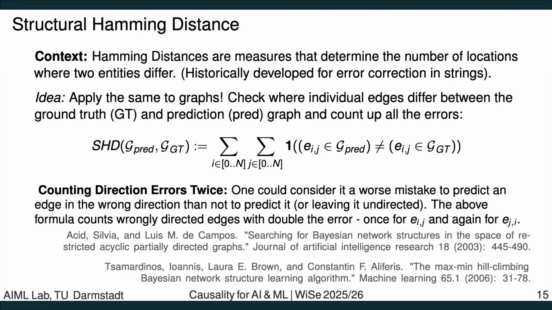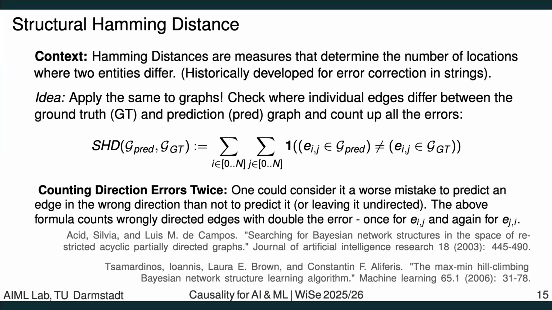I to j is a different edge than j to i, which then basically means if your causal discovery algorithm detects an edge, but for some reason directs it in the wrong direction, then we count this error twice in this metric, right? Because for one, we say, well, this one edge i to j isn't there in our prediction. And on the opposite, the edge j to i is in our prediction, but not in the ground truth graph.